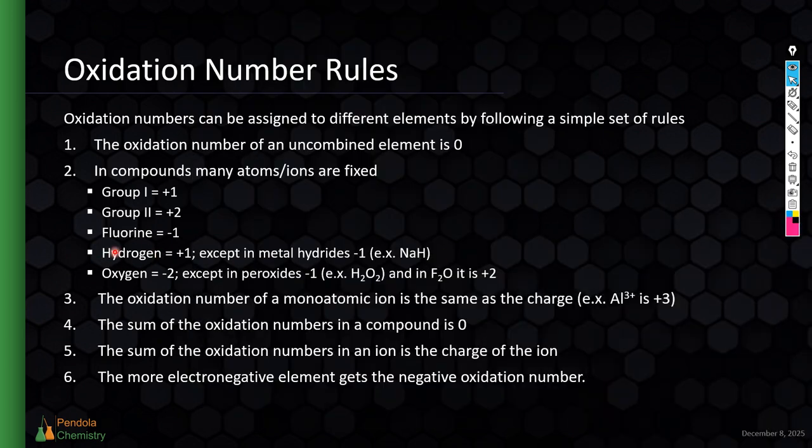Hydrogen has a variable oxidation number, but it is variable with specific rules, meaning that hydrogen will always be +1, except when hydrogen is found in a metal hydride. Metal hydrides being any metal combined with hydrogen. In that case, hydrogen will have a -1 oxidation number.